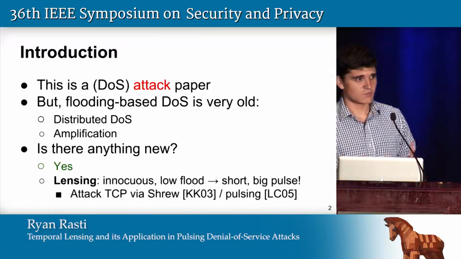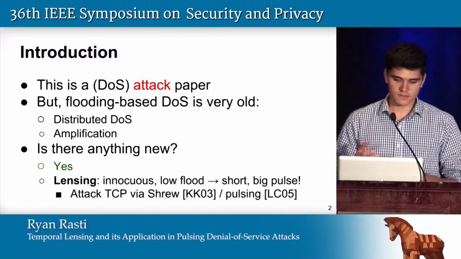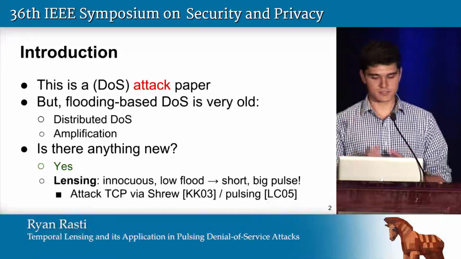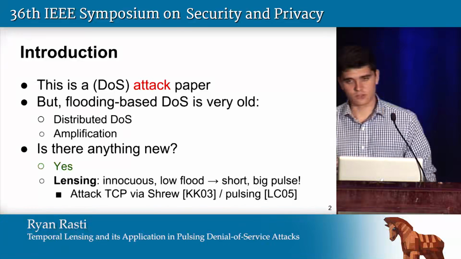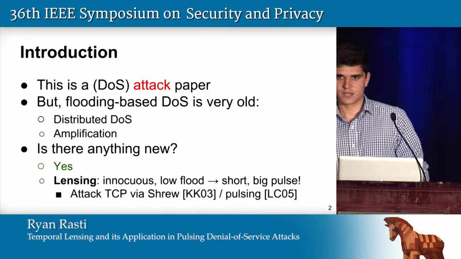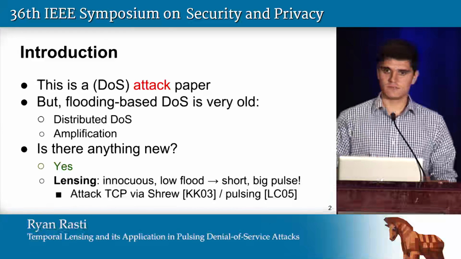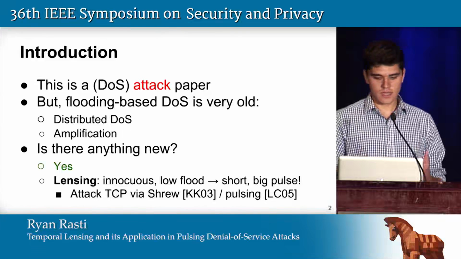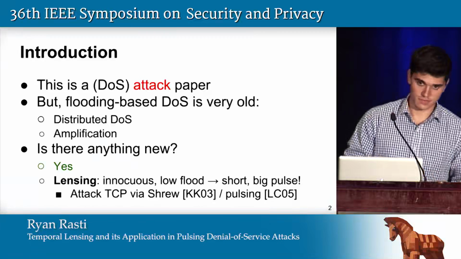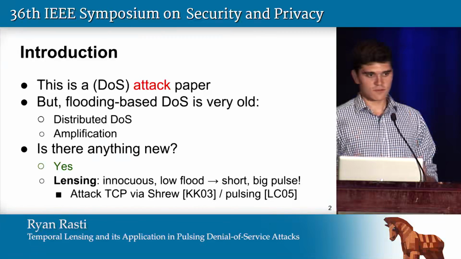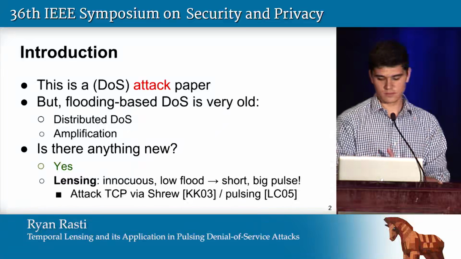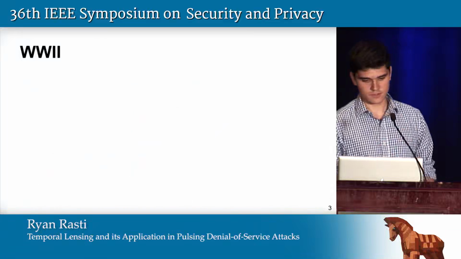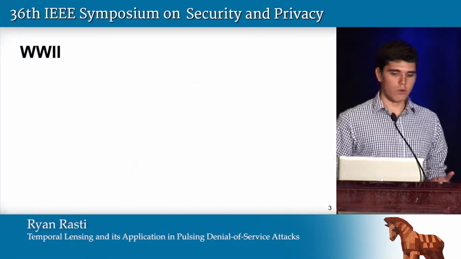And this kind of pulsing attack, the actual pulses themselves, have been explored in previous works, and they can target TCP's retransmit timeout and additive increase multiplicative decrease mechanisms, as have been explored in the Shrew and pulsing papers, right? But the novelty here is that we're able to use the entire attacker bandwidth and funnel it up into a short pulse, right? And so the question is, how are we going to do this?